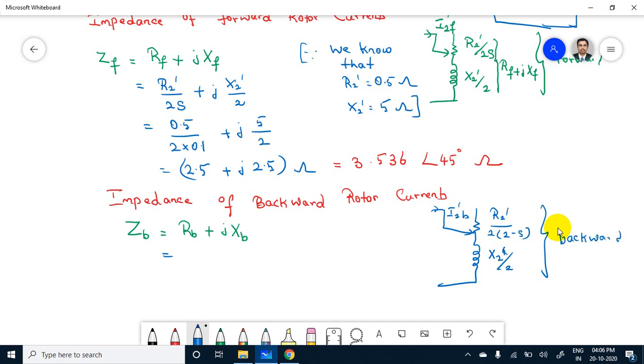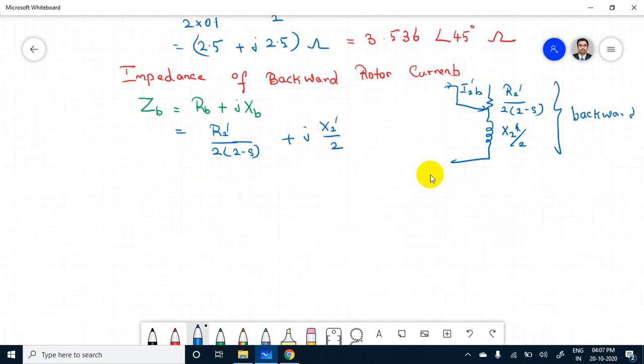Okay, this RB is the backward resistance. Backward resistance value will be R2 dash by 2 into 2 minus s, plus j XB, the backward reactance, x2 dash by 2. Now in this formula substitute it: R2 dash 0.5 divided by 2 into 2 minus slip 0.1, plus j x2 dash 5 divided by 2.